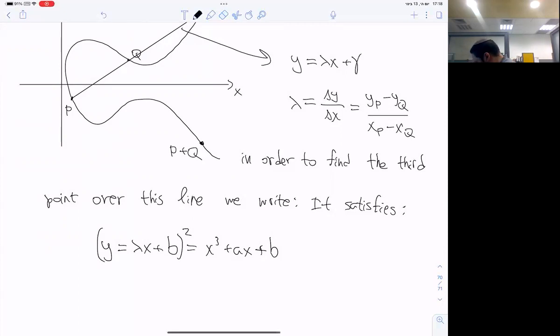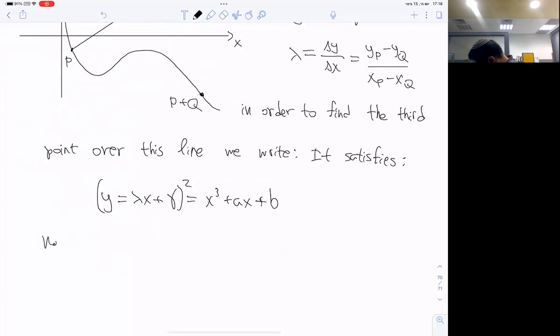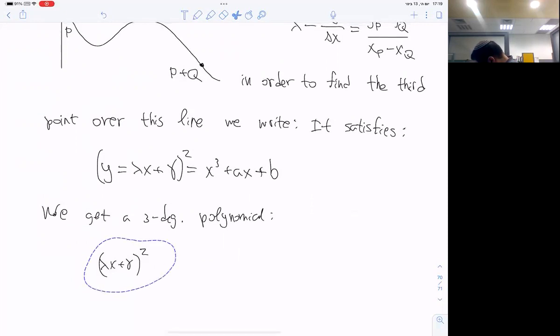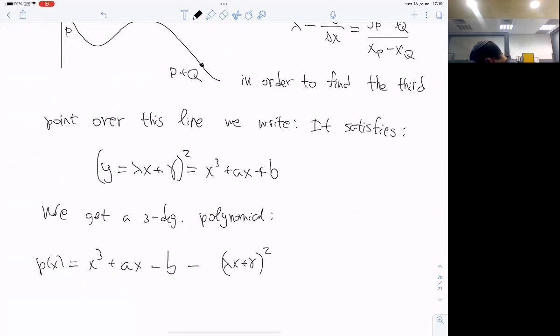Now we actually get a degree 3 polynomial, and we actually want to find its roots.